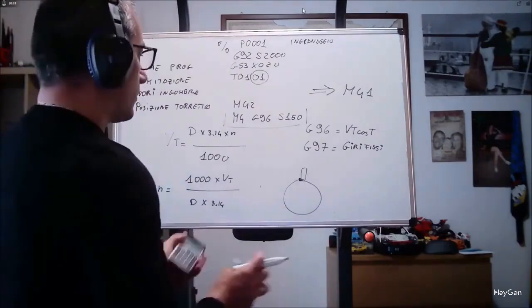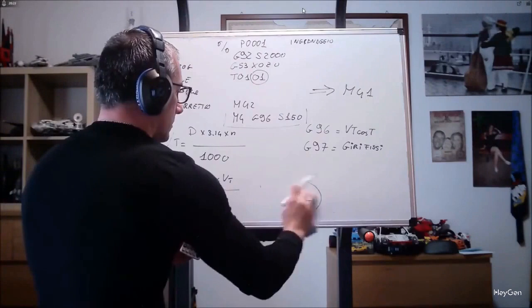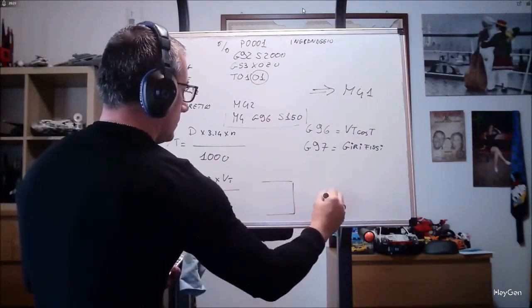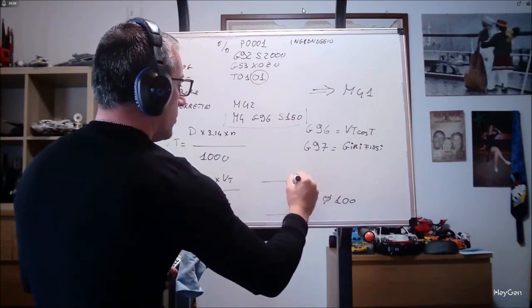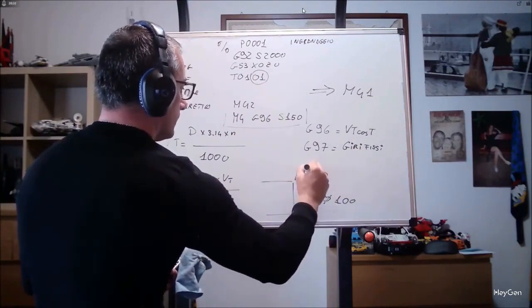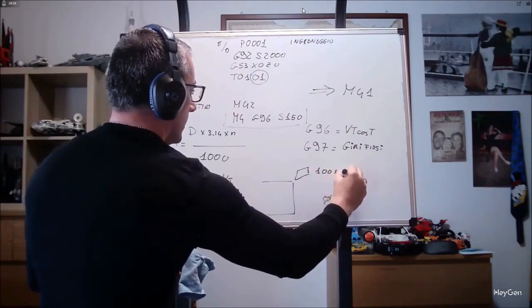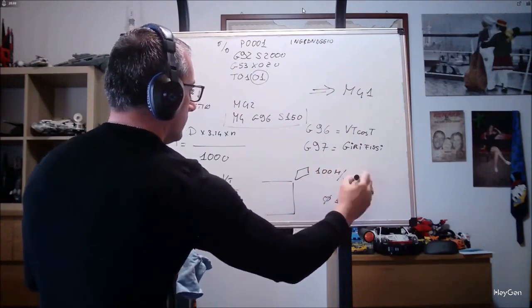I am performing a chamfer, starting from a diameter of 100. For a diameter of 100, I ask my tool to start at 100 meters per minute.